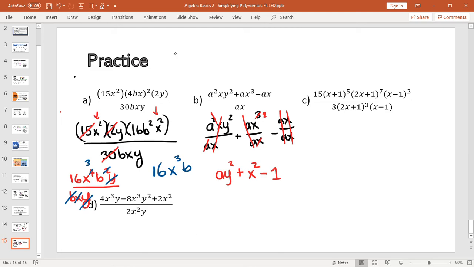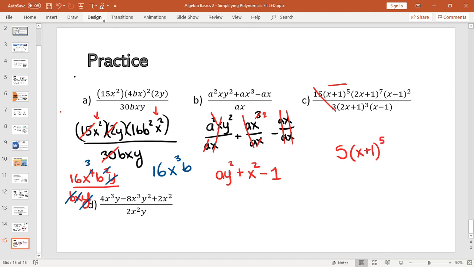All right, let's look at C. C is a type where we can have a single term, so we're going to proceed with the canceling. So 3 over 15 is 5. What else do I have? I have this x plus 1, and I only see one group of x plus 1s here, so I'm just going to write them down because I don't think they're going to cancel with anything.